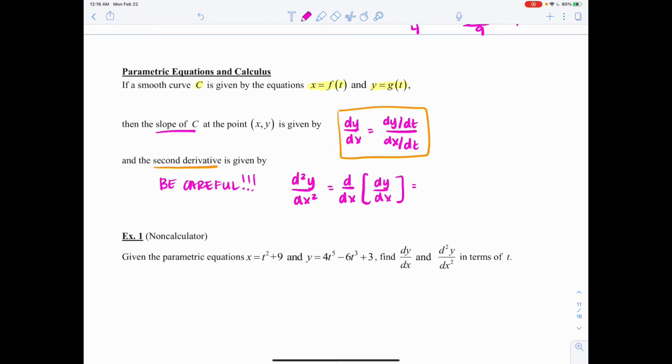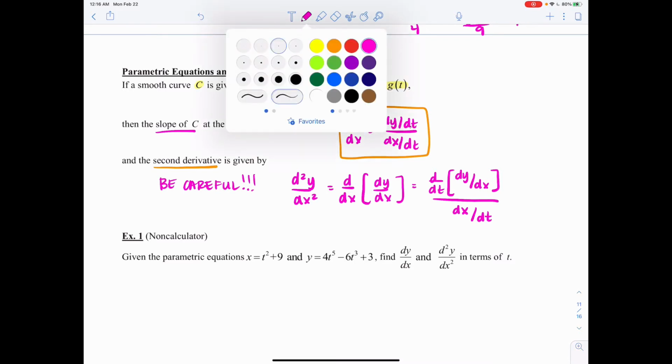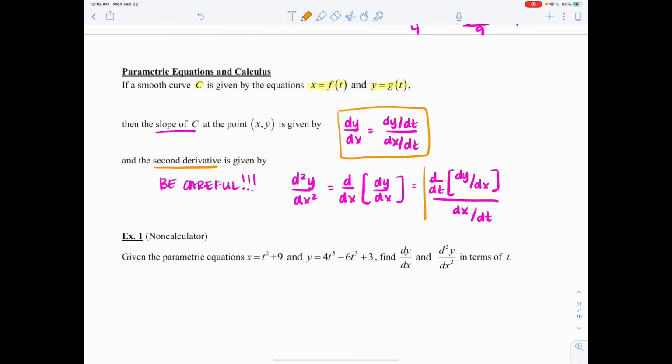But that means I am taking the derivative with respect to t of dy dx, and I am going to divide by dx dt. Now, students very, very frequently mess this up.